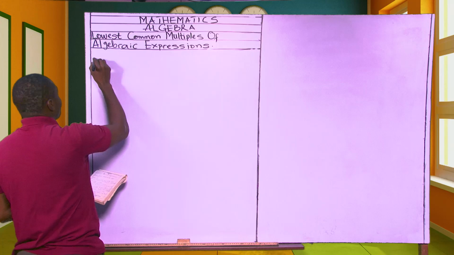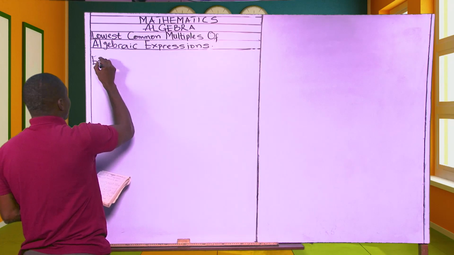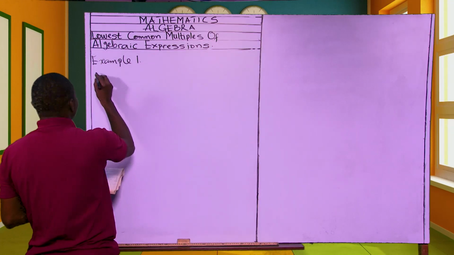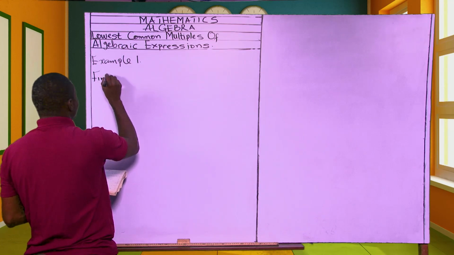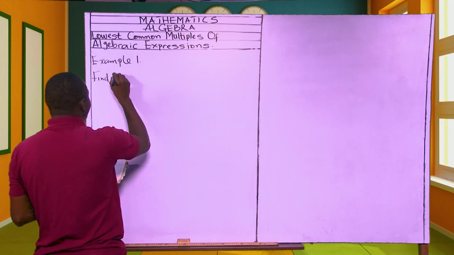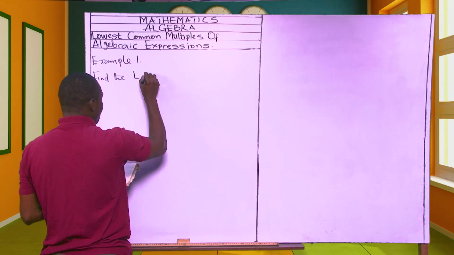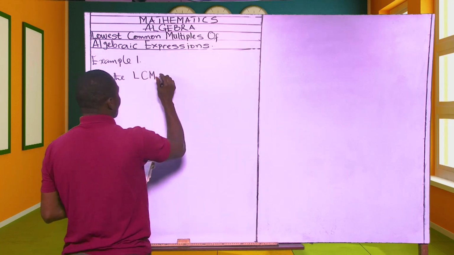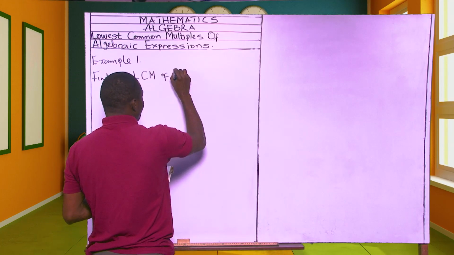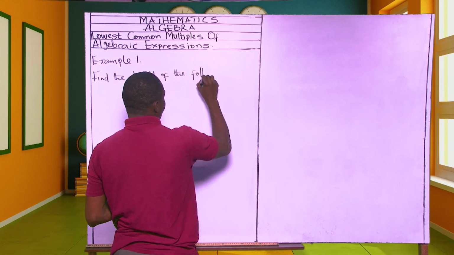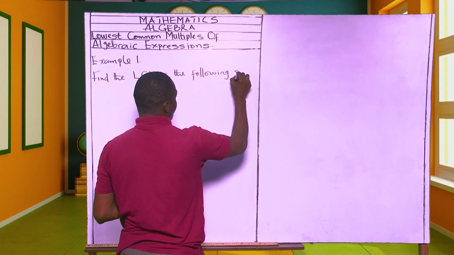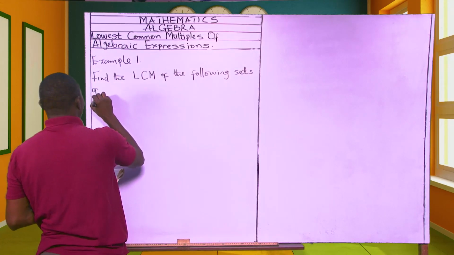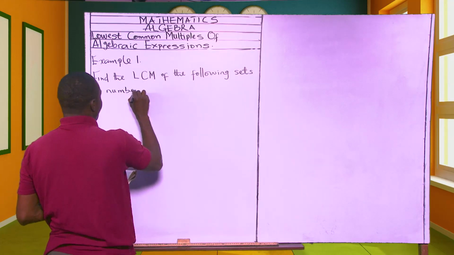Example 1. Find the LCM, that is least common multiple, of the following sets of numbers.